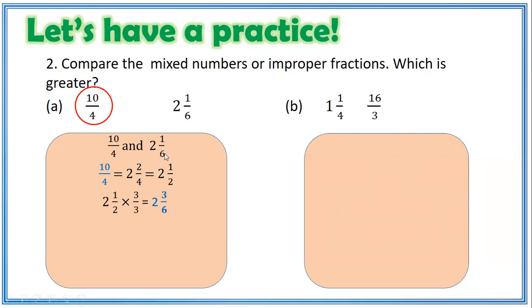So the first common multiple of 2 and 6 is 6. So we need to multiply 2 and 1 half by 3 out of 3. 1 times 3 is 3. 2 times 3 is 6. Then let us just copy the same whole number part.